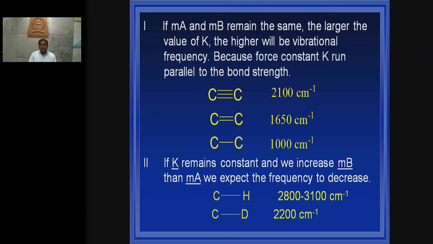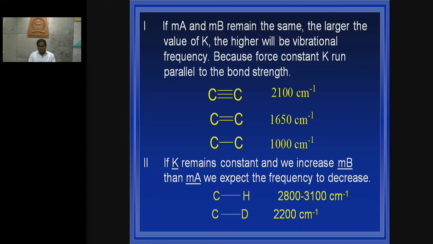In the second case, if K, the force constant, remains constant, and we increase Mb while keeping Ma constant. Ma is nothing but the carbon in these two examples, and Mb is hydrogen in one case and deuterium in the second case. Then we expect that the frequency will decrease. Why does it happen?